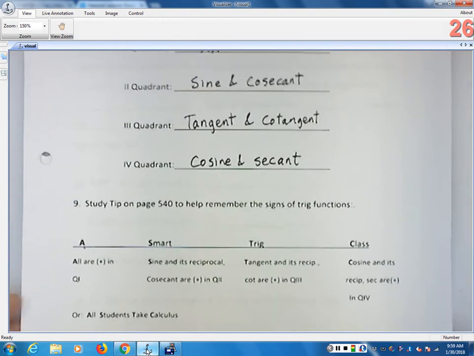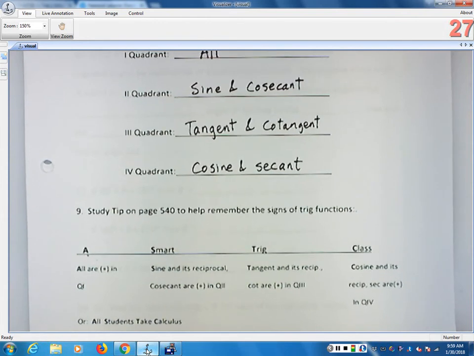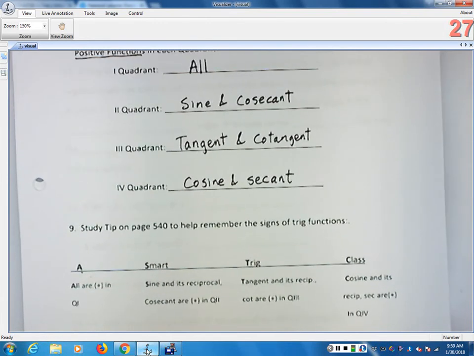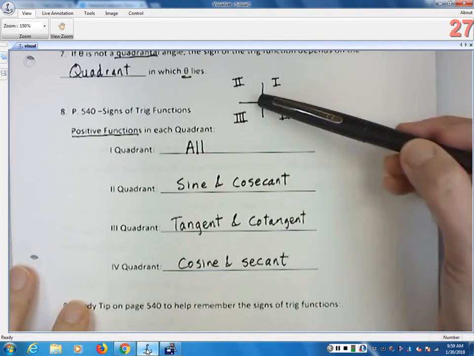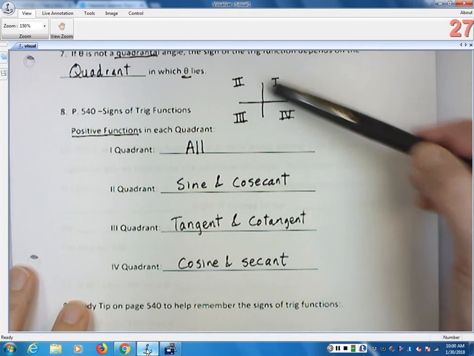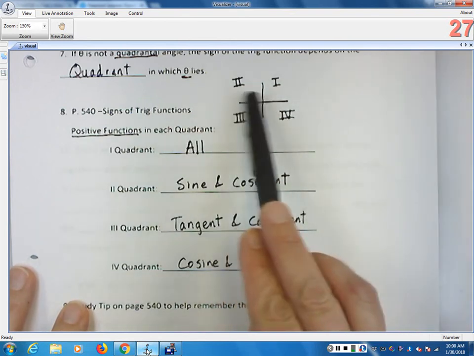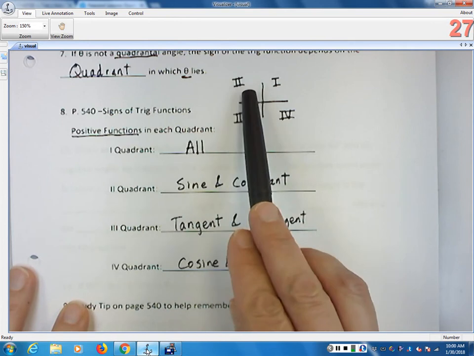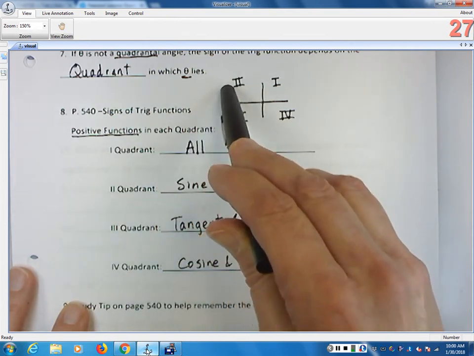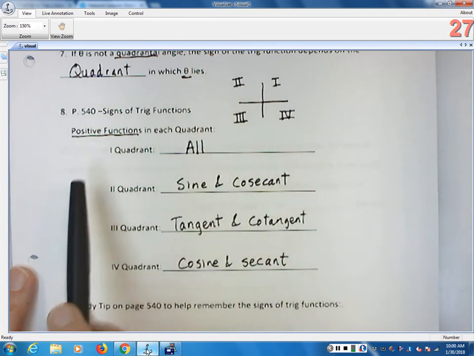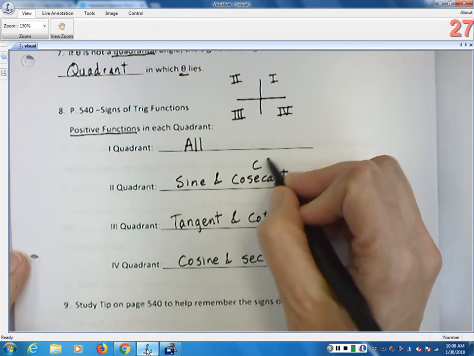But if you think about the unit circle, x represents cosine, y represents sine, and so when you're in quadrant 1, both sine and cosine are positive, so everything's positive in there. When you're in quadrant 2, x is negative, so cosine is negative. As soon as cosine is negative, see, this is cosecant, CSC.